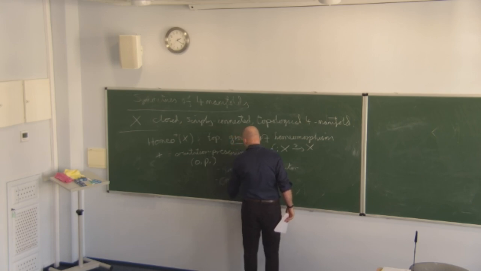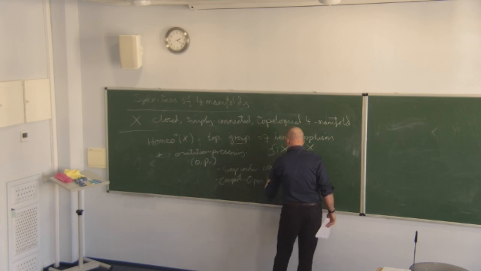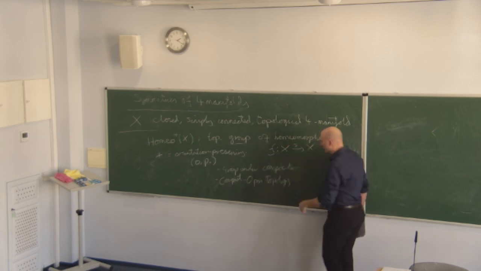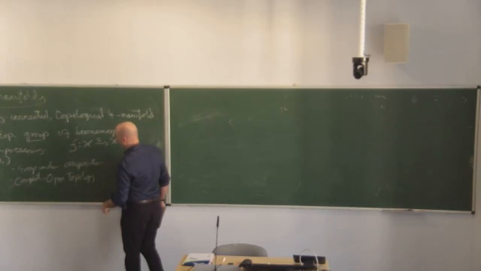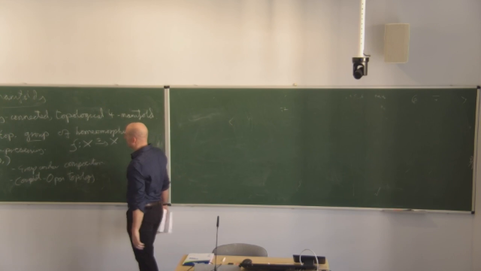This won't really show up very much, but you can read all about it in the appendix of Hatcher. This makes this into a topological group, so this is a nice object to study.